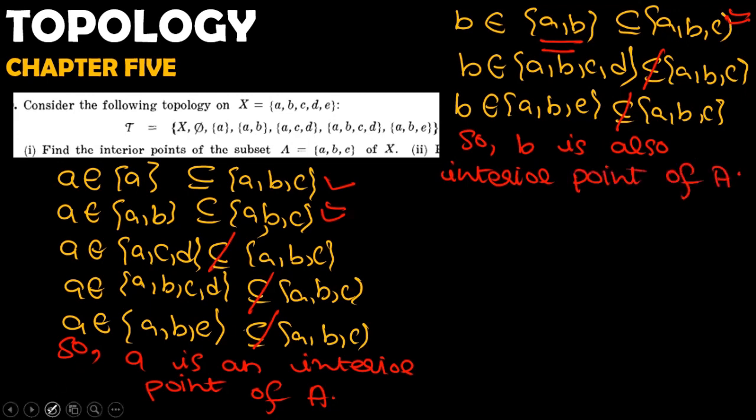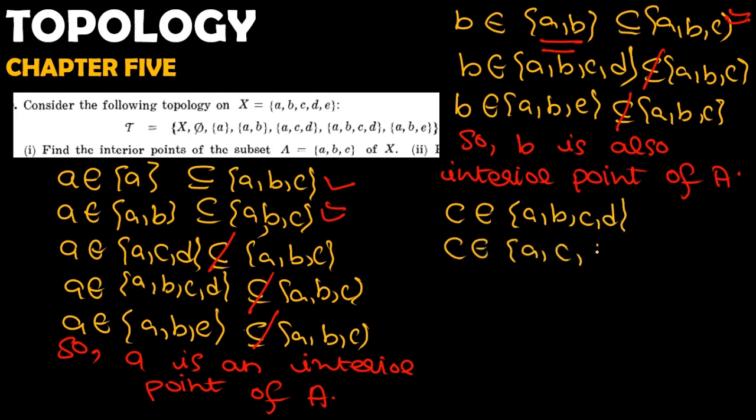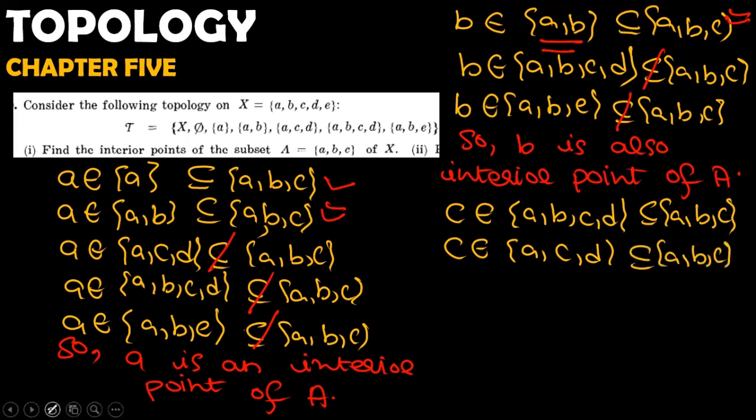Now we check the same thing for C, and C belongs to our open set A, B, C, D. Similarly, C belongs to A, C, and D. So these are the two open sets containing C. Now you can see that A, B, C, D is not a subset of A, B, C, and A, C, D is also not a subset.